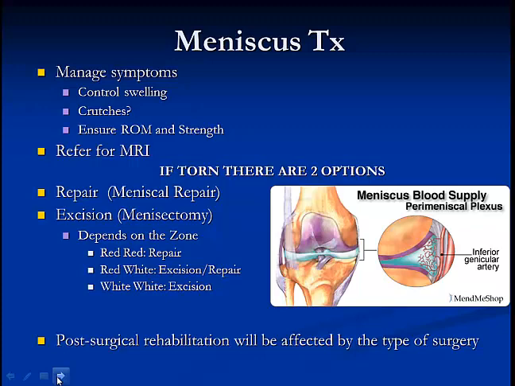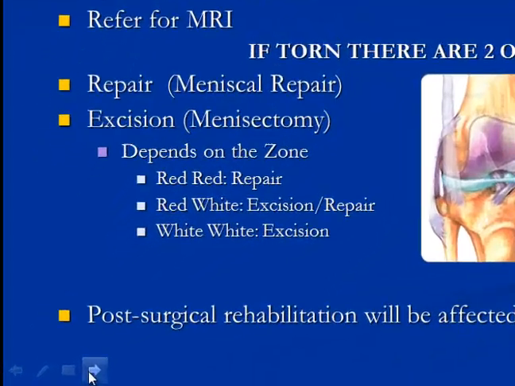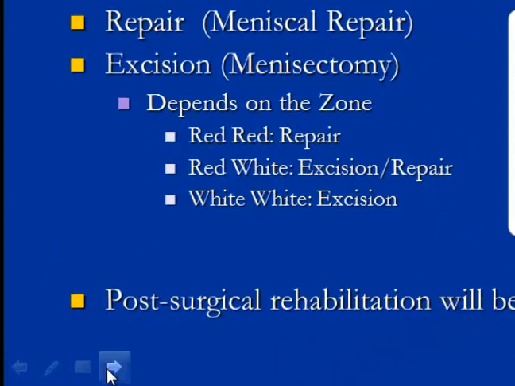If there is a tear, there are two options. These two options are based upon where the tear has occurred. Remember, we talked about there are three areas of meniscus with regard to blood supply: the white-white, the red-white, and the red-red zone. If the tear is in the red-red zone, or possibly the red-white zone, there is good blood supply, meaning if the surgeon can stitch the area, it will heal because blood will allow for healing.